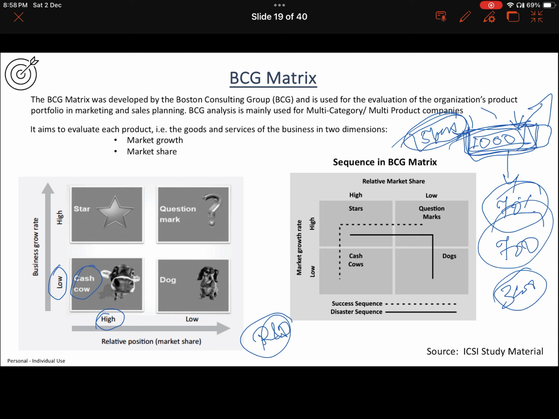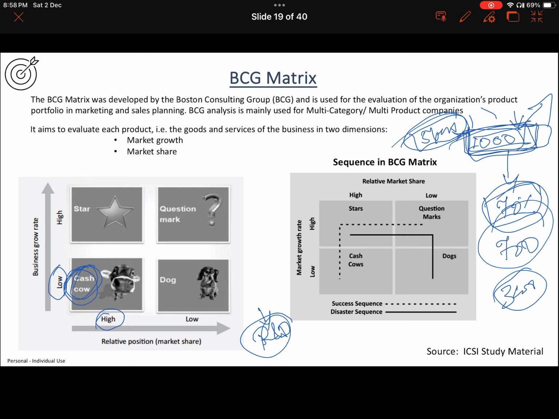They should reduce their investment in that segment and keep producing and selling the product. No more investment, so it is like a cash cow. Expenses will be limited. The product is getting sold because of the old reputation, so keep selling it and take the cash. In detail, we will see it in the next video.